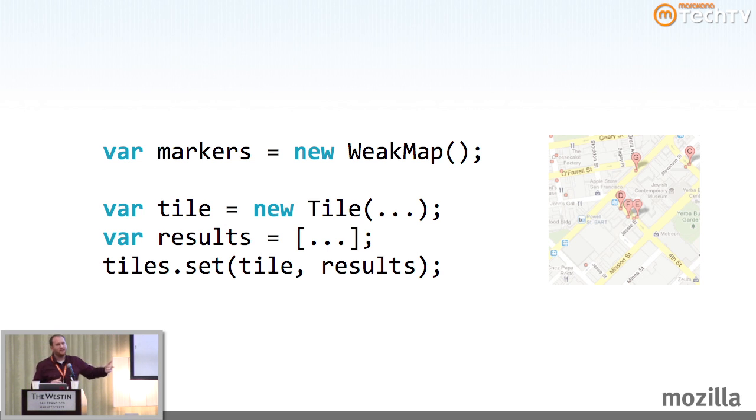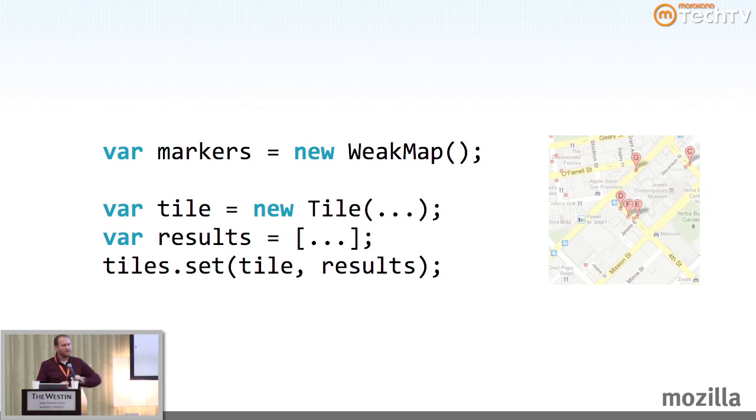Each one of those tiles might want to be evicted at some point if you're starting to load too many tiles. And at the same time, you might also occasionally have search results that are dropping little markers on top of the tiles. And maybe you don't want those markers to actually be members of the objects themselves. Maybe you want them to be a separate data structure. But you'd still like the lifetime of the markers to be tied to the tiles.